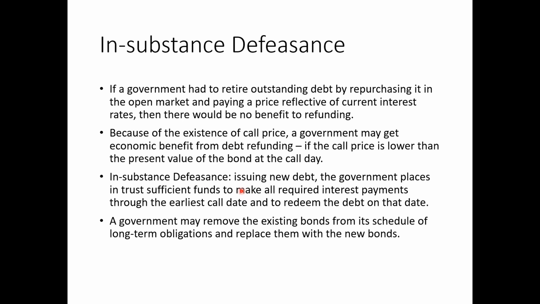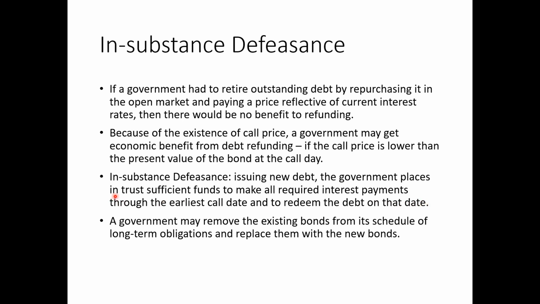So if the government determined to refund the debt, when they issue the new debt, they can place the proceeds in a trust, sufficient funds to make all required interest payments through the earliest call date and to redeem the debt on that date.